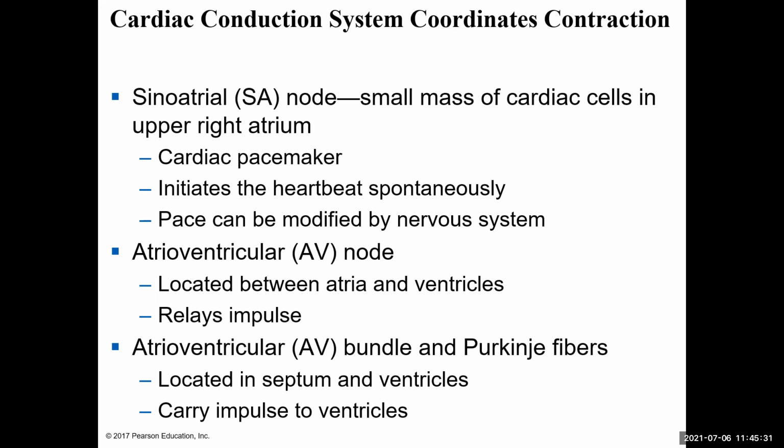Now, the heart, that cardiac cycle, is controlled through the cardiac conduction system. Okay? So that conduction system is controlling when the systole and diastole happen. So it's controlling those contractions.